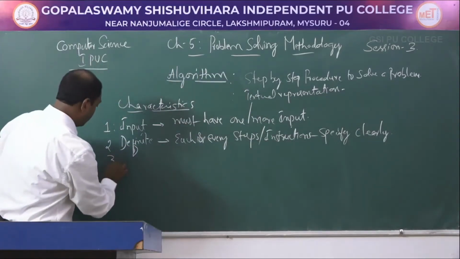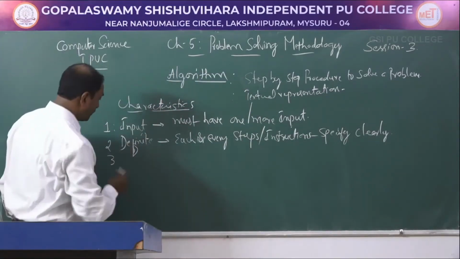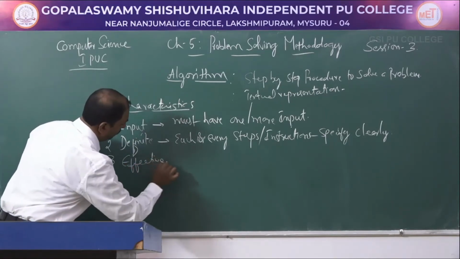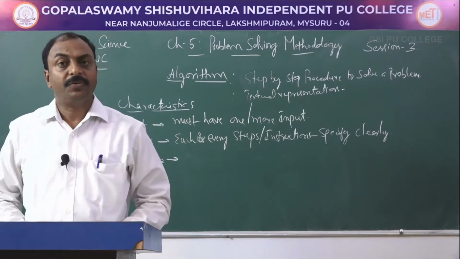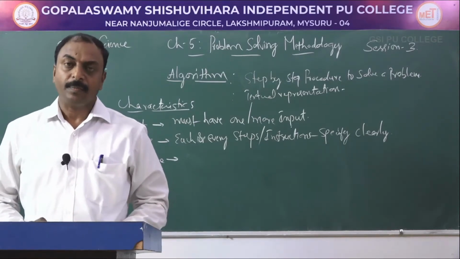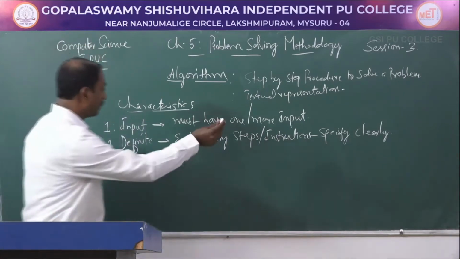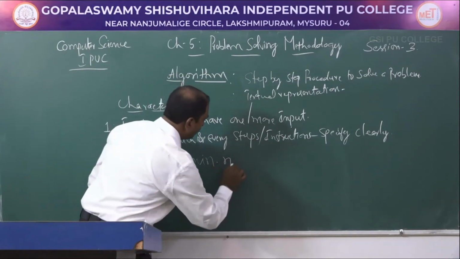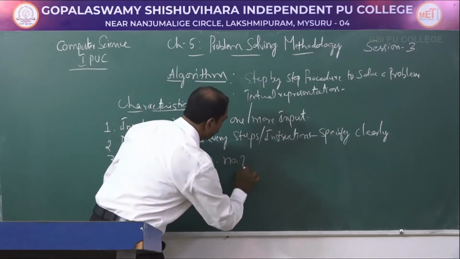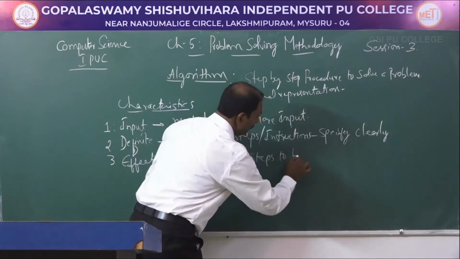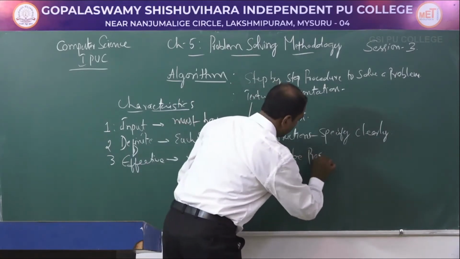Next characteristic is effective. So what is effective here? Effective here is nothing but each and every algorithm must have a minimum number of steps to be processed.